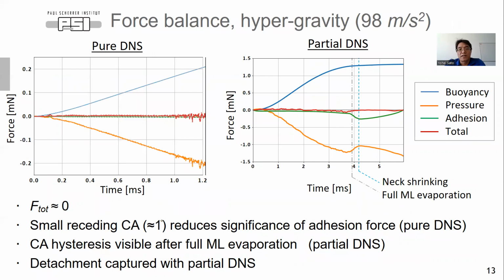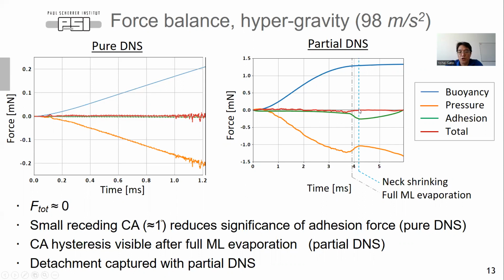Next is the force balance for the 10G case. The left figure shows pure DNS and the right one is partial DNS. In the case of partial DNS, we can capture the full micro layer evaporation at around 4 milliseconds.